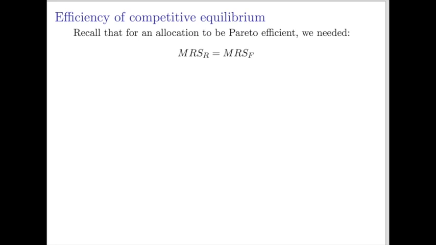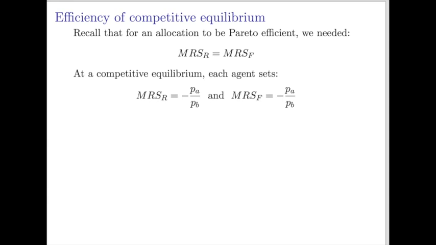Now, if the marginal rates of substitution have to be equal to one another, what happens in the competitive equilibrium? Well, in the competitive equilibrium, remember that when Rob picks his optimal bundle, he's going to set his marginal rate of substitution equal to minus PA over PB. And Friday's going to do the same thing.